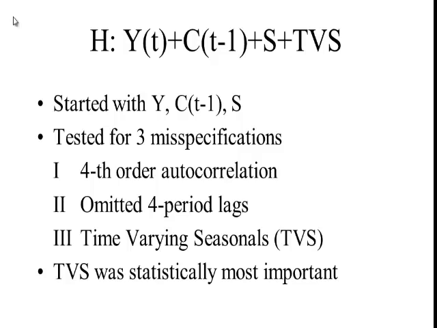So now you have 3 choices. You can improve the model by putting in a fourth order autocorrelation term, or you can improve it by putting in yt minus 4 and ct minus 5, or you can put in time varying seasonals. And doing some statistical tests, he finds that the time varying seasonals are the best statistically.